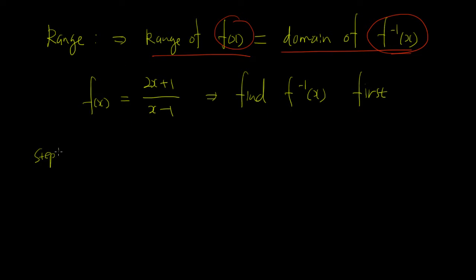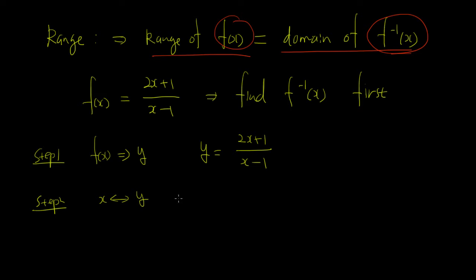So step 1, f(x) to y. So y equals (2x + 1) over (x - 1). Now step 2, x and y switched.